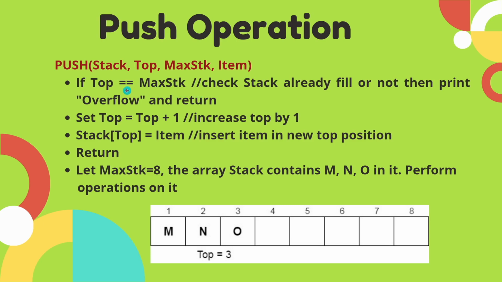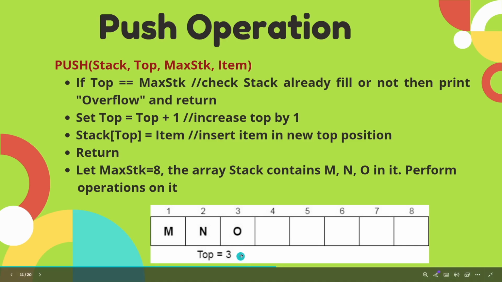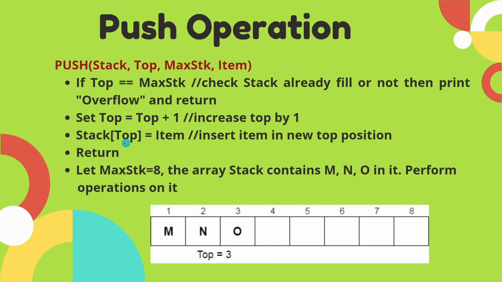If this condition were true, then the algorithm would print that an overflow has happened, and so insertion cannot be done. Otherwise, first and foremost top is incremented by 1. Top, pointing to the third index, now points to index 4, and as such we put the item at stack of top, which is stack of 4.